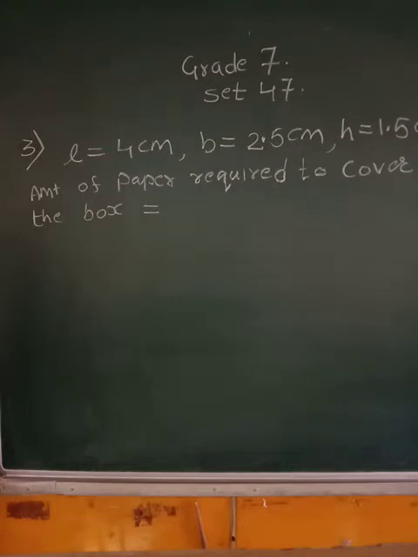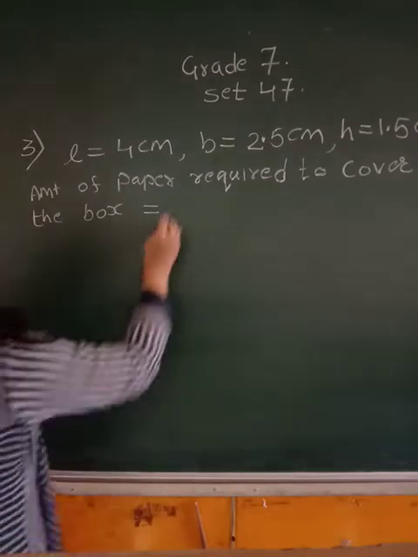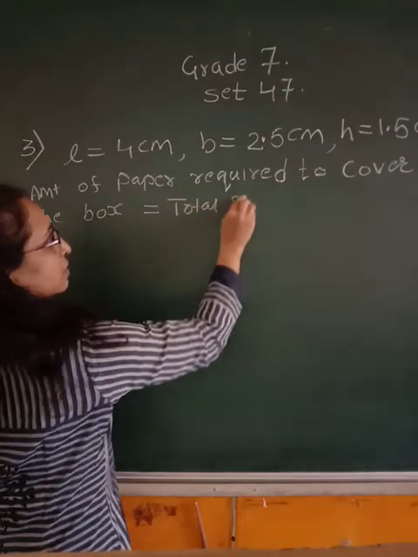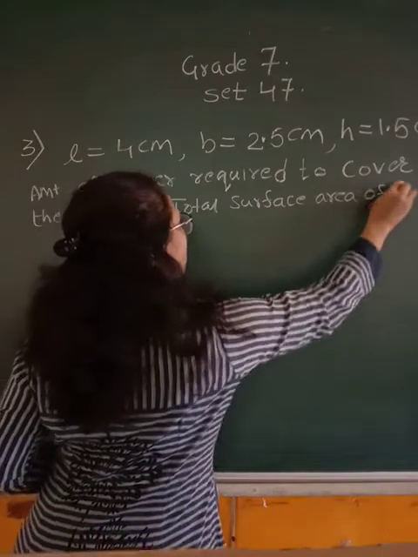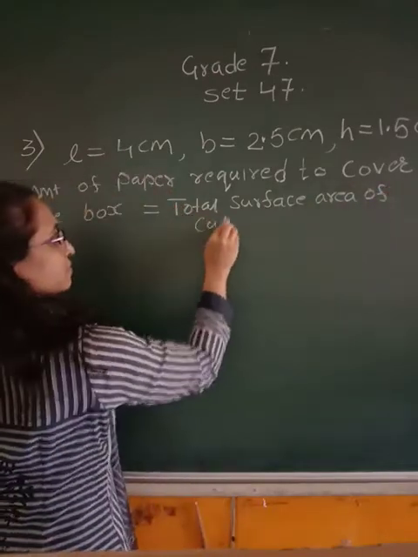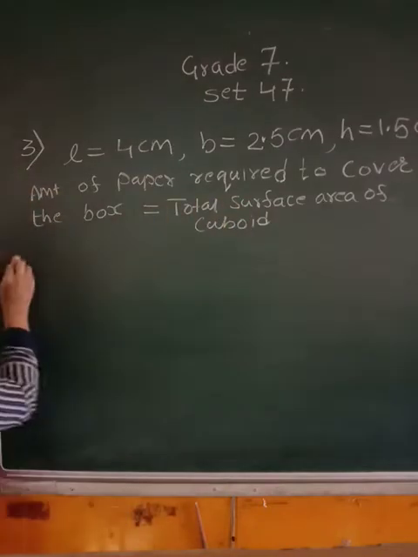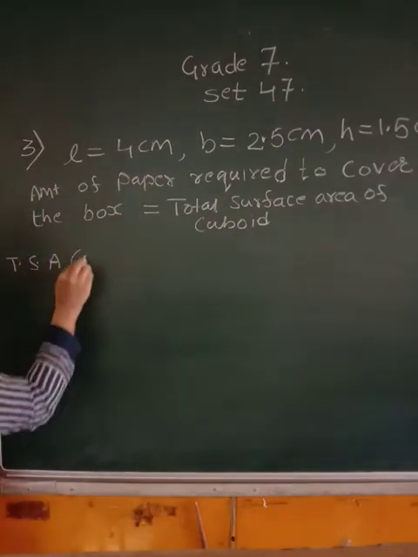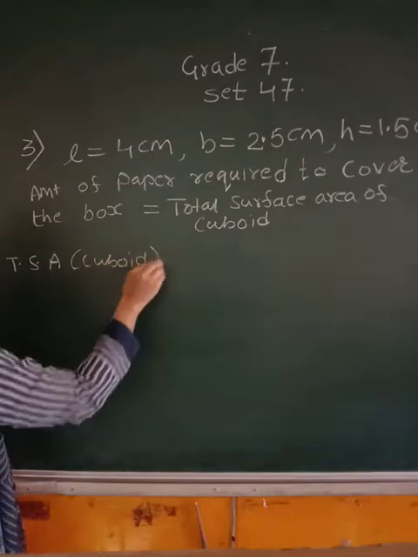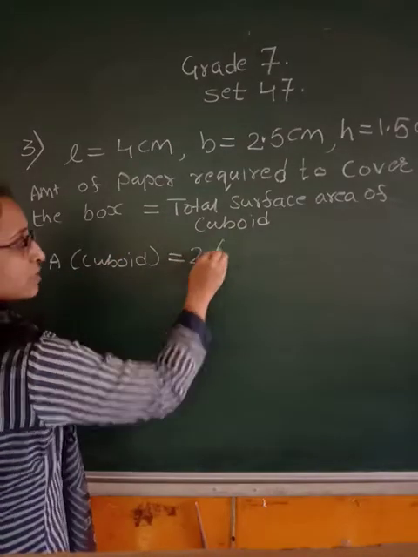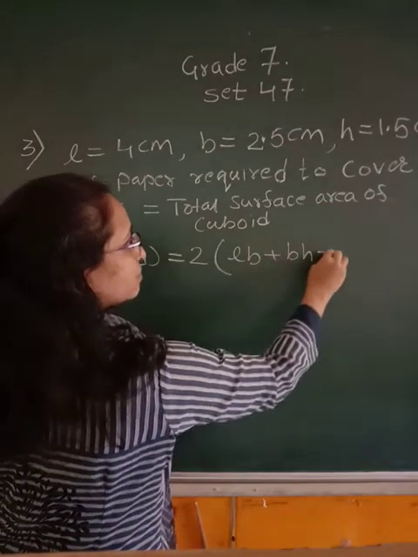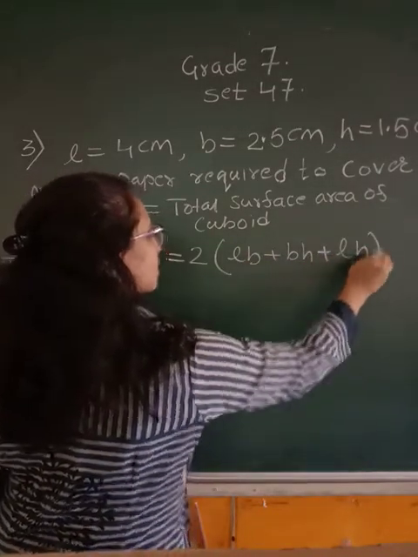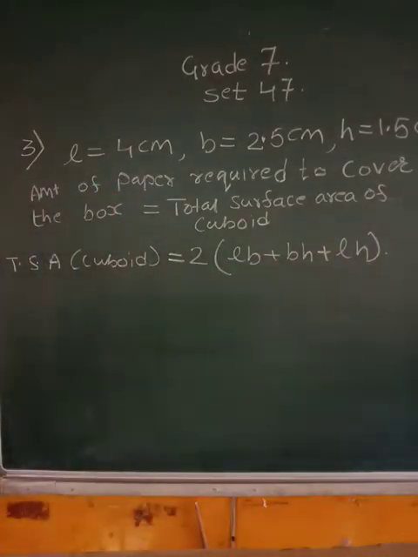It is equal to the total surface area of the cuboid. What is the formula we all know? It is twice, length into breadth plus breadth into height plus length into height. This is the formula which we have seen in the earlier videos. Yes or no? Okay.